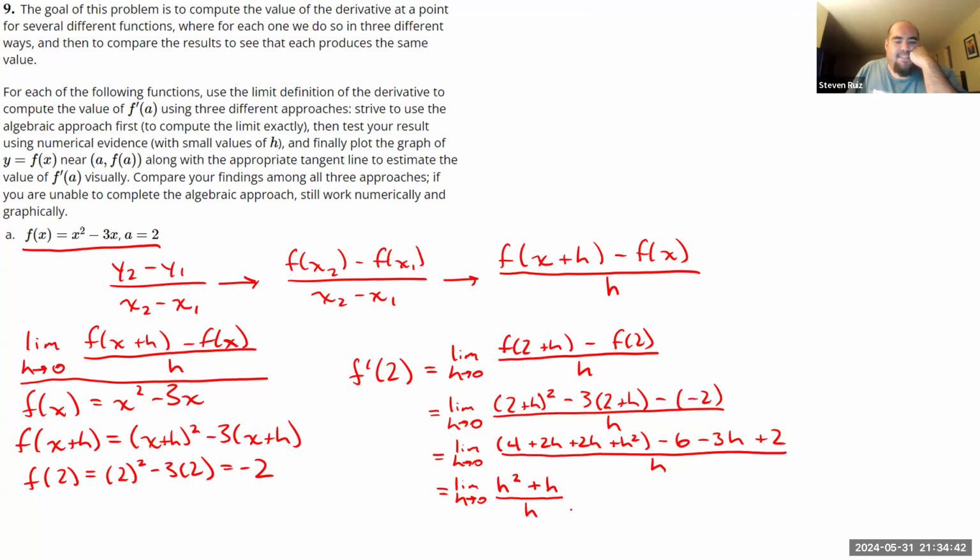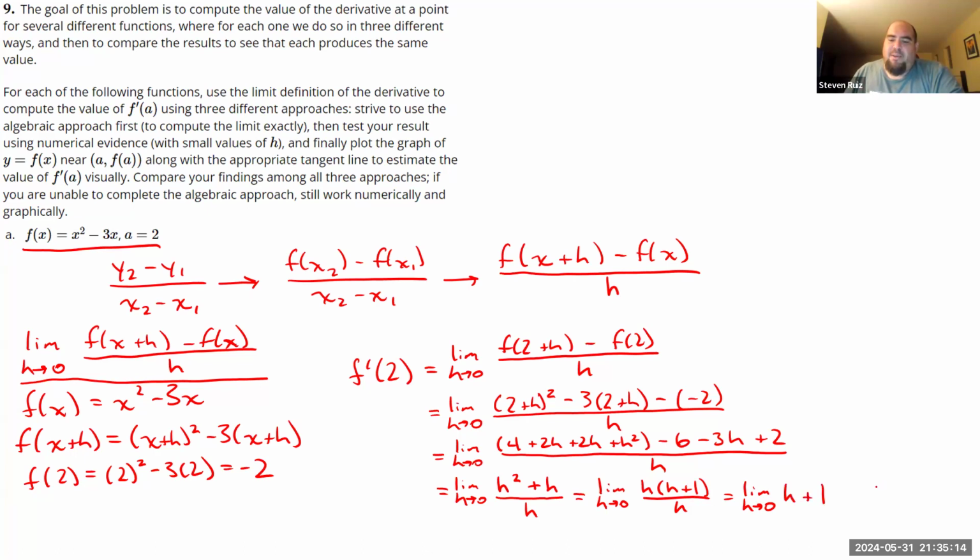We still can't evaluate the limit, but we're getting to a place where we can. What's the limit as h approaches 0? In the numerator, I can factor out an h, so h times h plus 1 over h. Now this is what I've been waiting for. I can cancel out those h's and I have the limit as h approaches 0 of h plus 1.